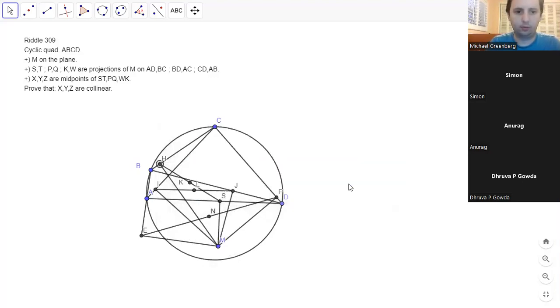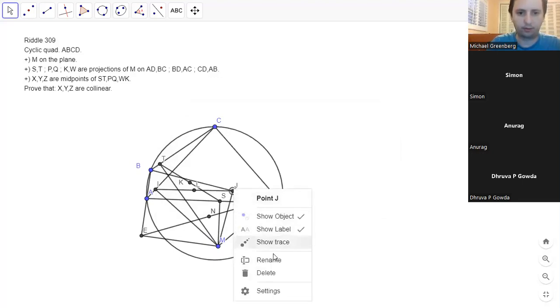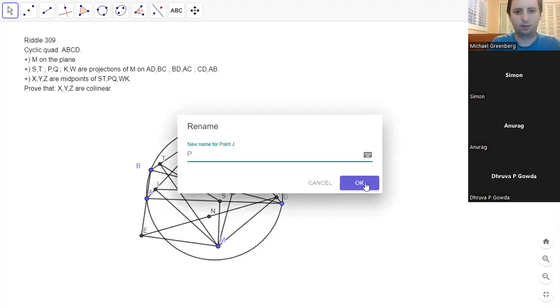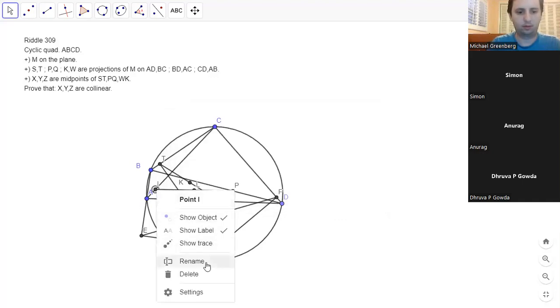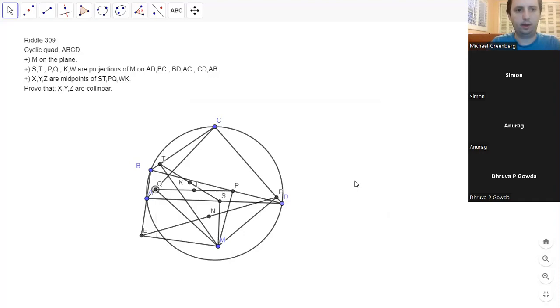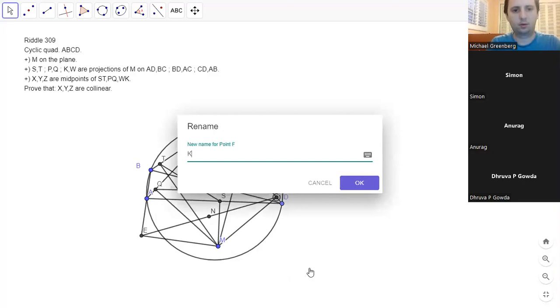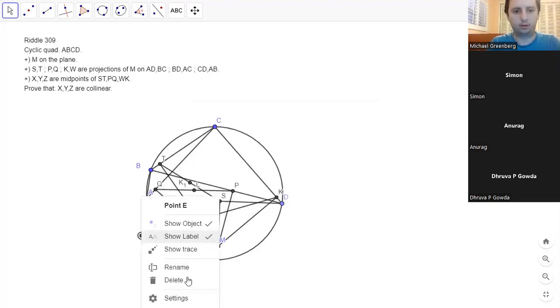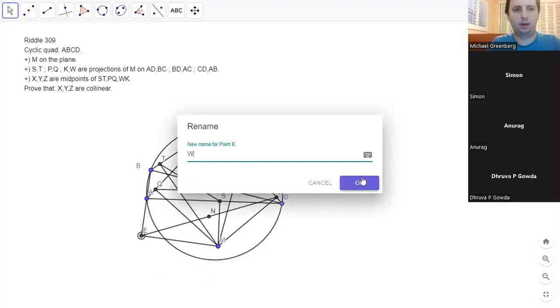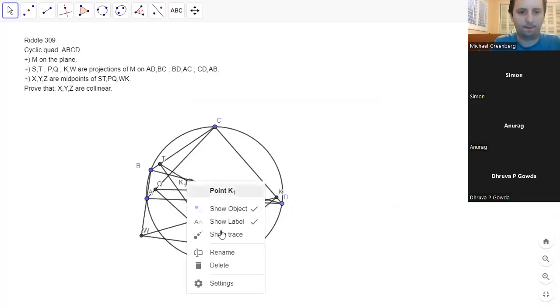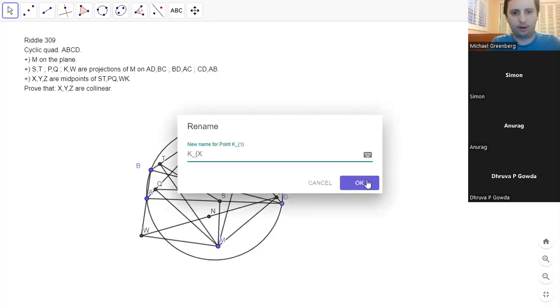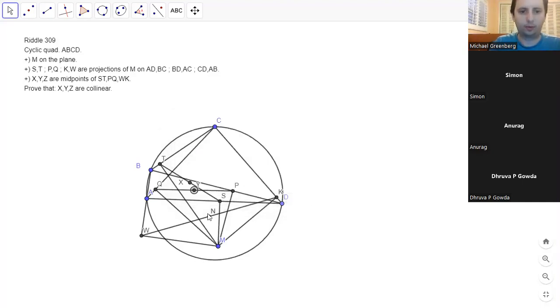And then P and Q are this and this. And then K and W are this and this. And X is the midpoint of ST, and Y is the midpoint of PQ, and Z is the midpoint of WK.